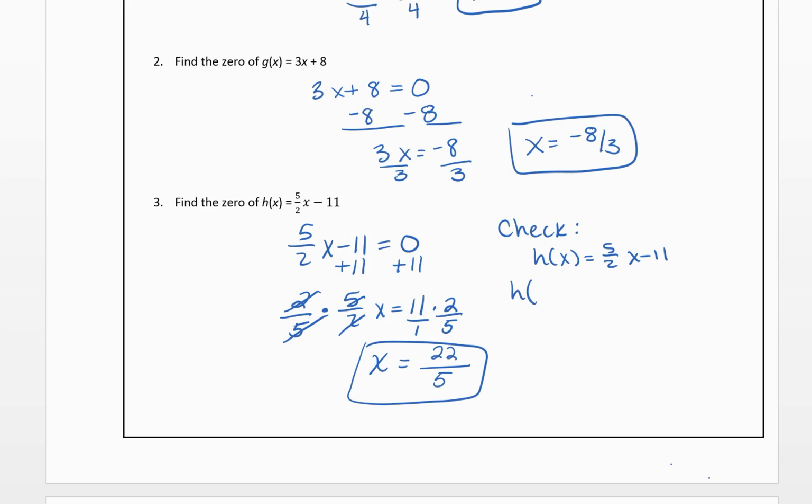So h of 22/5 would be 5 halves times 22/5 minus 11. Now these 5's, when we multiply 5 over 5, those cancel out, and 22 over 2 is 11, so we get 11 minus 11, which is 0. So that checks out, and you could check any of them that way.